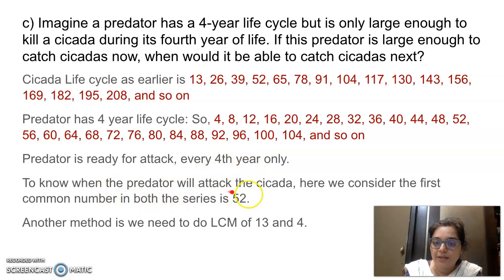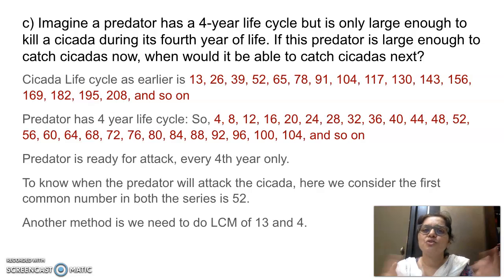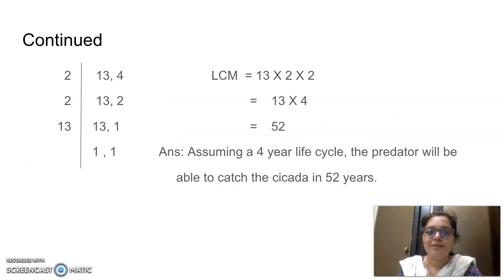To know when it will attack next, we consider the common number in both the series, which is, yes, you're correct, 52. Another method, which you must be knowing, is the LCM method. You can also do the LCM method. Let's see. If we do this method, you are also going to get the LCM.